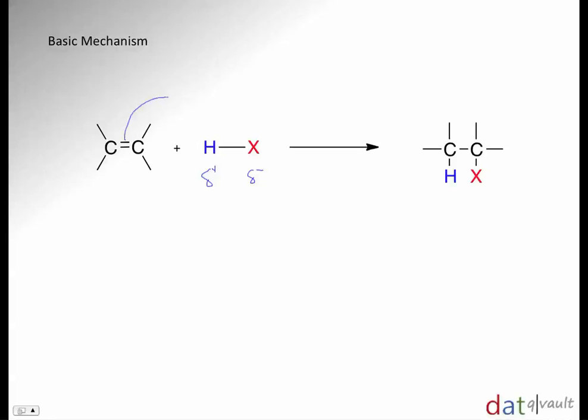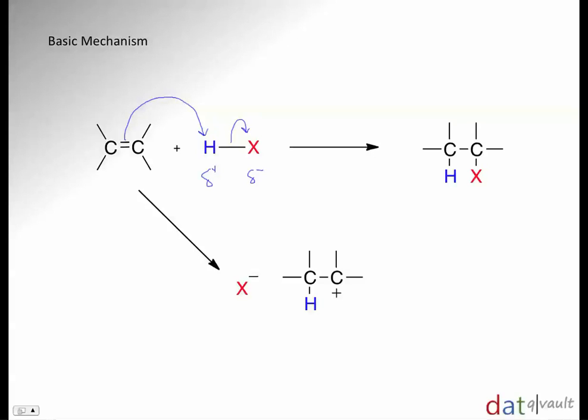So, what happens is the double bond comes out and the electrons will pick up the hydrogen from the hydrogen halide, and the electrons in the hydrogen halide bond will go over to the halogen. Once this happens, a very important concept: we're going to get a carbocation formed on one of the carbons of the alkene, and then we're going to get the halide with a negative charge on it.